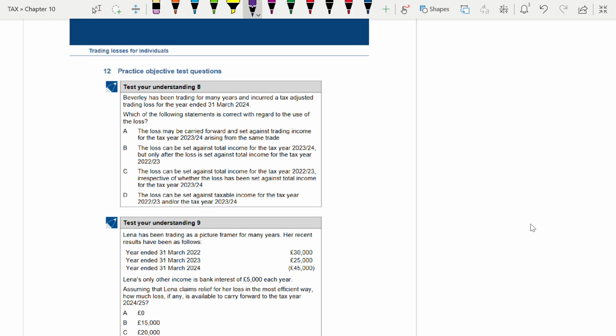Waverly has been trading for many years and incurred a tax adjusted trading loss. Which of the following statements is correct with regard to use of the loss? Tell me. The first one is correct.